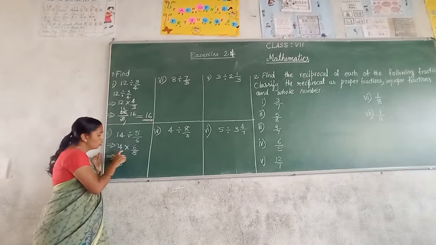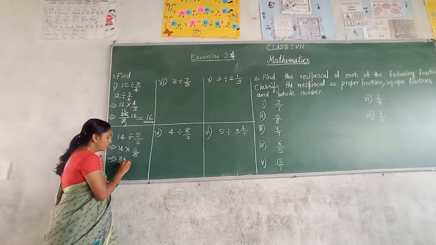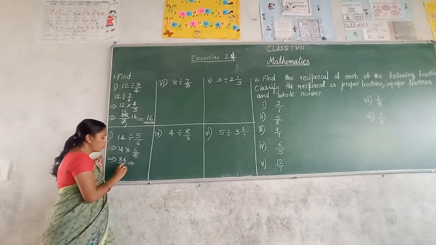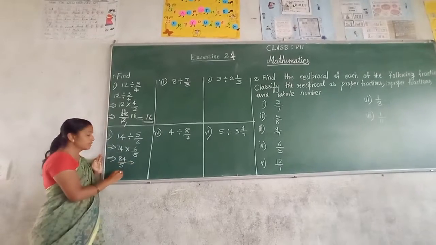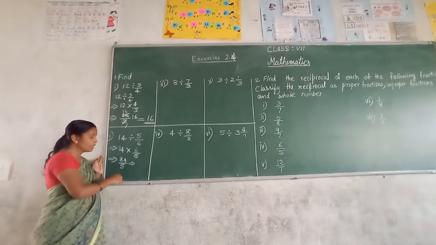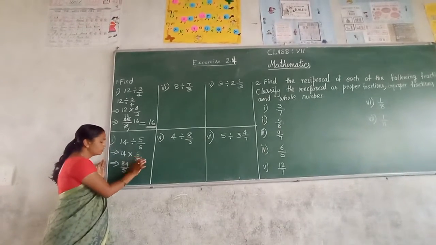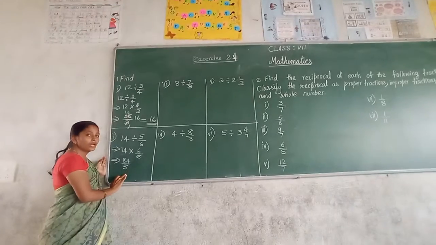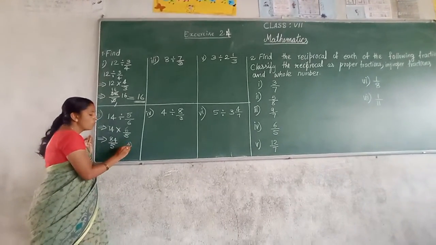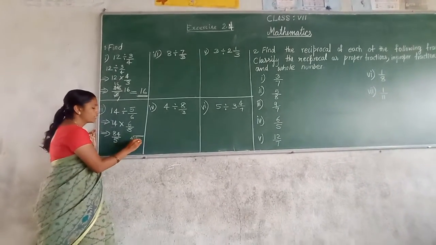Now we have the whole number multiplied to the numerator. Now just think over that. Can you write it in the lowest form? It is not possible, but we can do one thing. We can write it in the form of a mixed fraction.